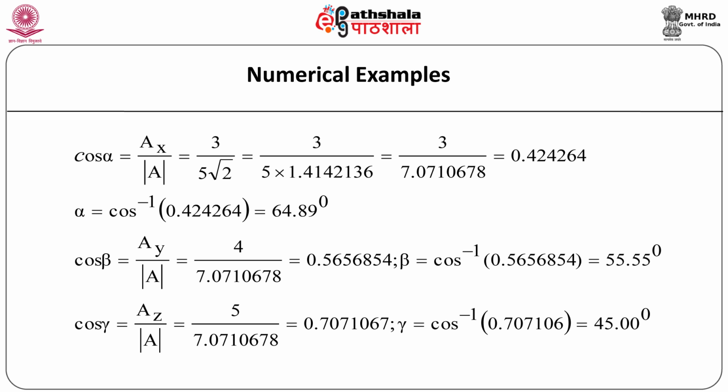The vector has magnitude 7.071 unit and has x, y, z components as 3, 4 and 5 respectively. Using these values, we can compute the angles alpha, beta and gamma as shown.